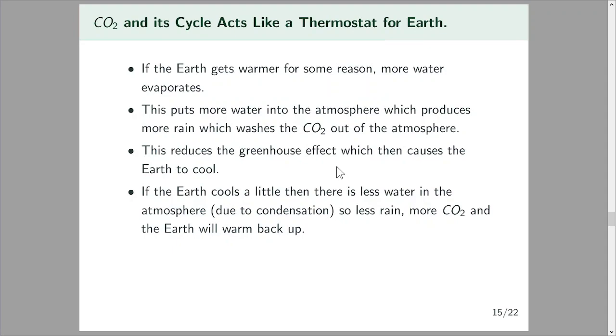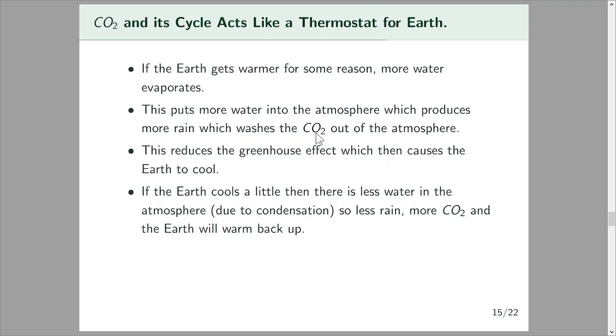This cycle can act like a thermostat for the Earth, it turns out. If the Earth gets warmer for some reason, more water evaporates. That's what happens when the Earth heats up, water evaporates. This puts more water into the atmosphere, which produces more rain, which washes more CO2 out of the atmosphere, which traps less heat, which cools the Earth back off.